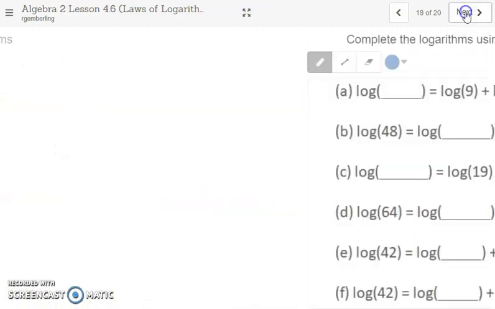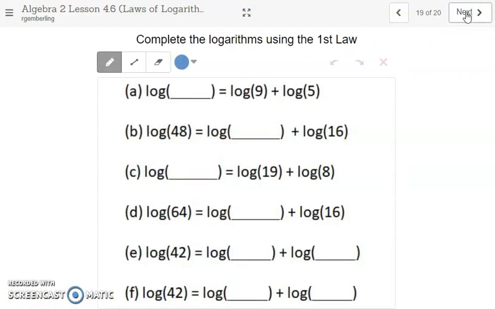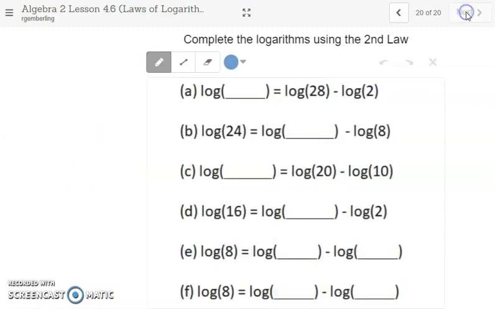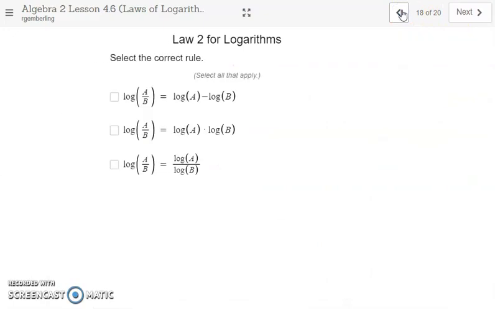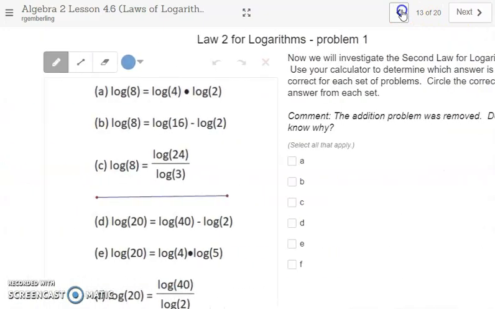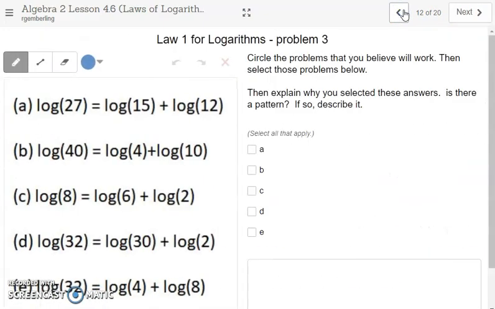The last screen is asking you to complete the logarithm problems using the first law and complete the logarithm problems using the second law. So when you're finished with the activity, you should hopefully have an idea of two different laws for logarithms and how to rewrite a single log of a single number into one of those two laws. If you have any questions, let your teacher know.